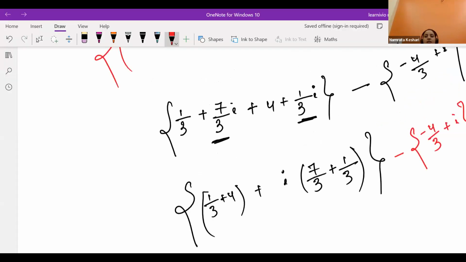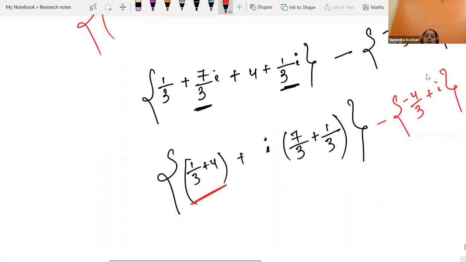The LCM will be 3, right? Yes, ma'am. And in the numerator, what will be there? 1 plus 12. Is it so? Yes, ma'am. Okay. Plus i.